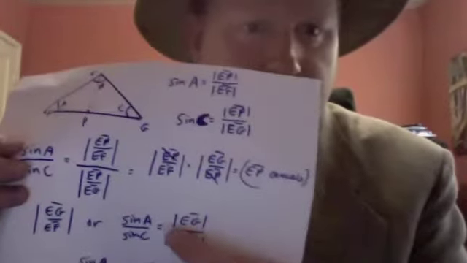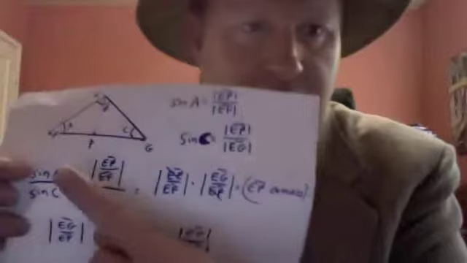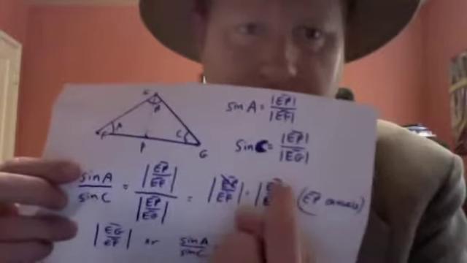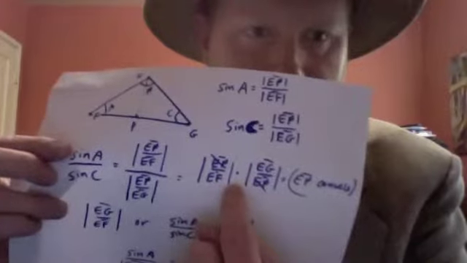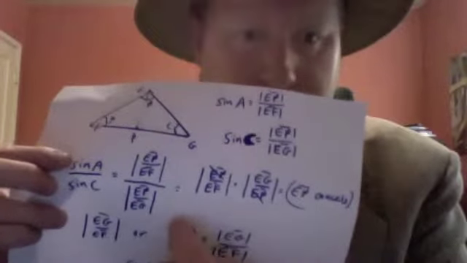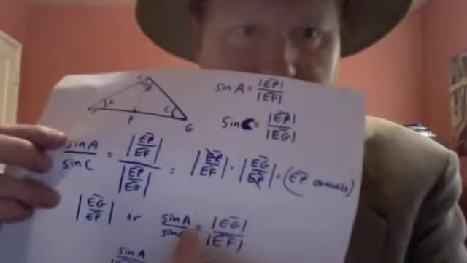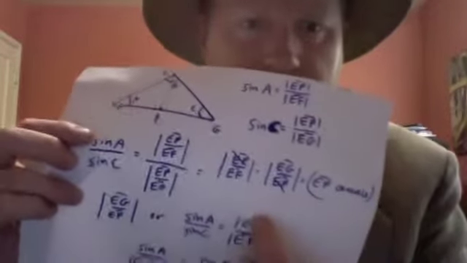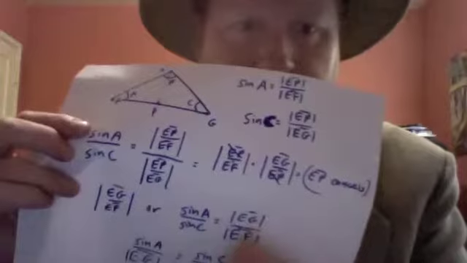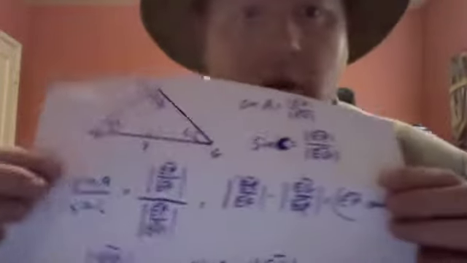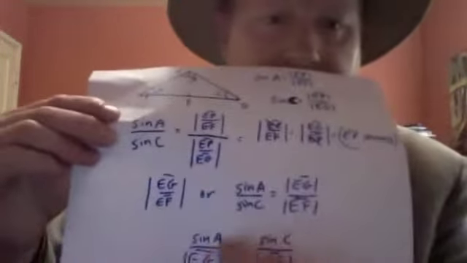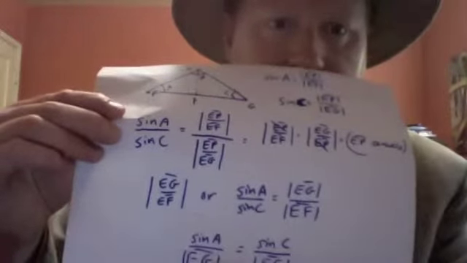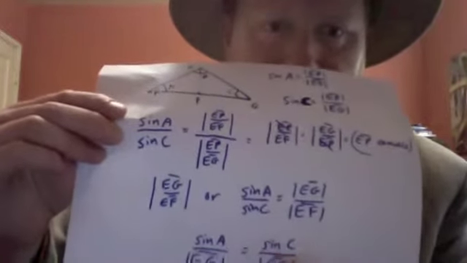I'm now left with sine of angle A over sine of angle C equal to the length of EG divided by the length of EF. I can use that to derive this algebraic formula here: sine A over EG is equal to sine C over EF.